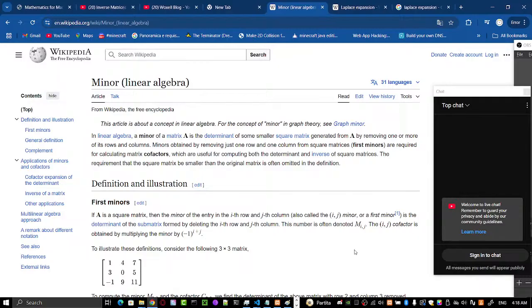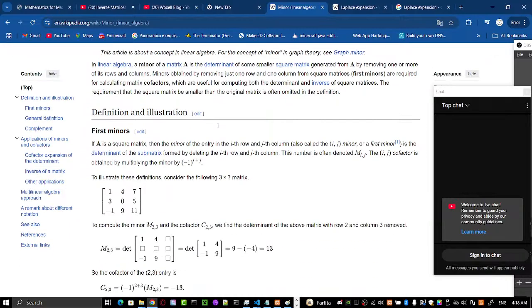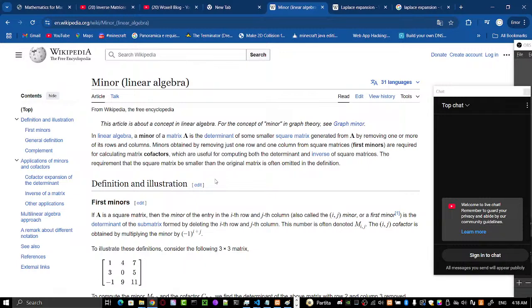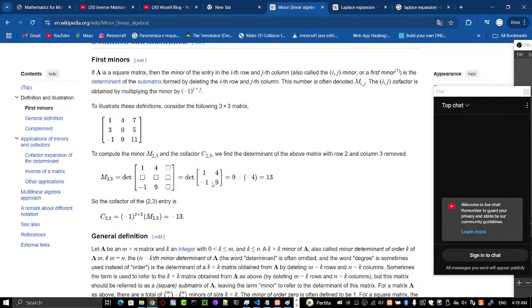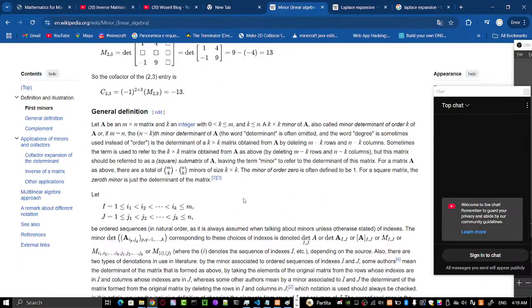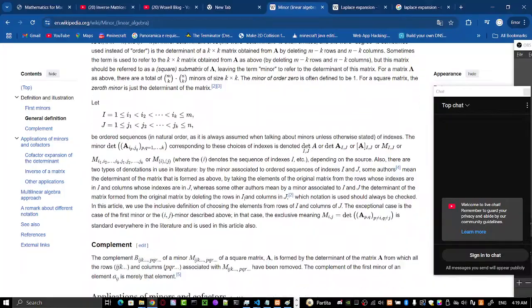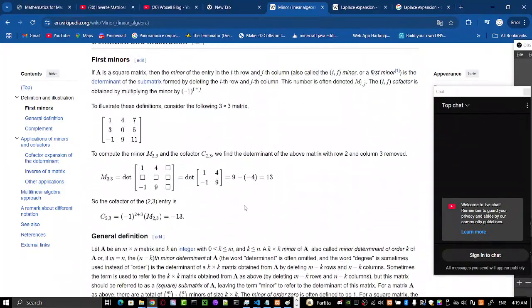After you found all the minors and put them in these shells, you apply the cofactor.